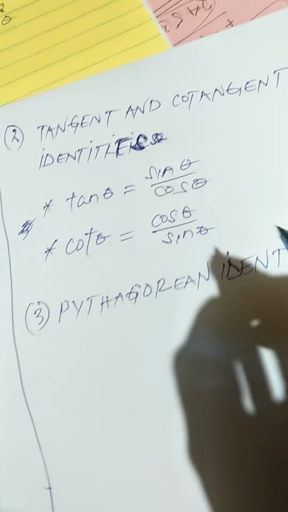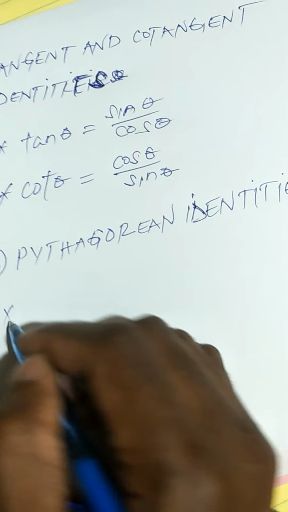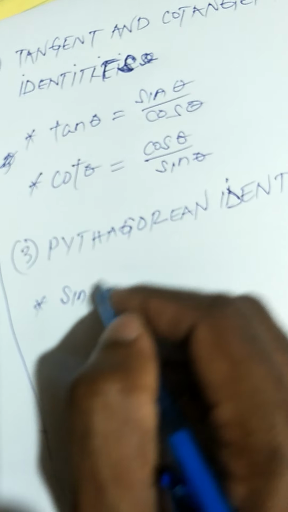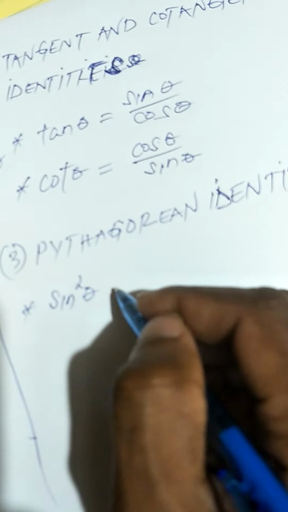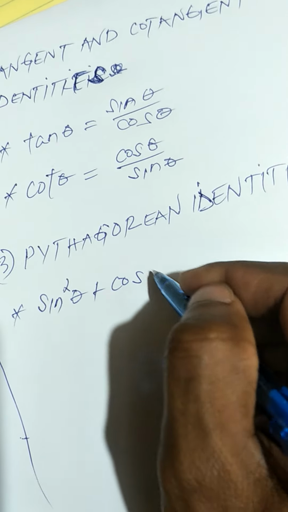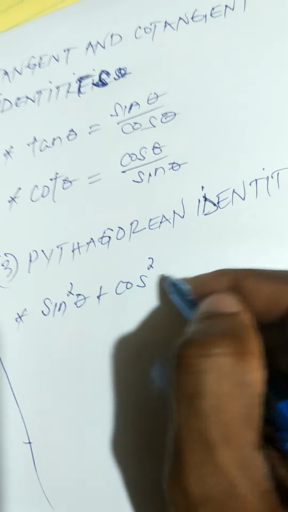Okay guys, 1. Sin theta squared plus cosine theta squared is equal to 1. 2.